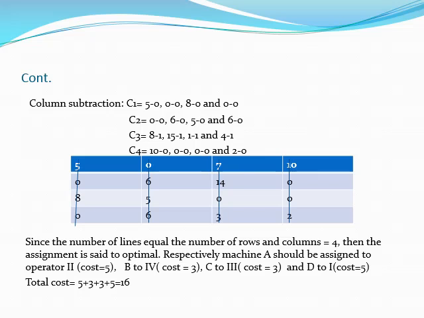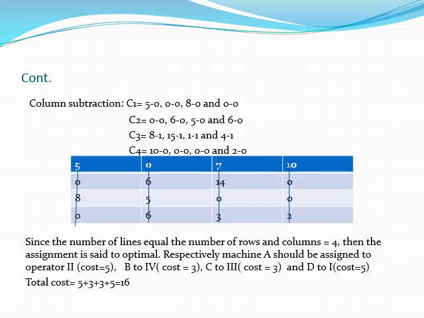The least cost in column 3 is 1. This 1 should be subtracted from the other costs. Then we will get 7, 14, 0 and 3.